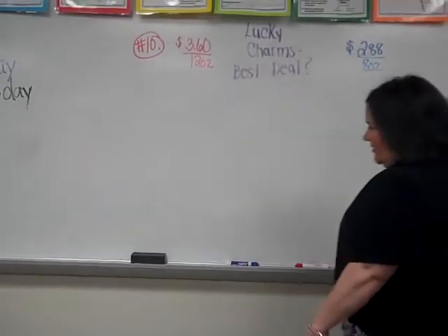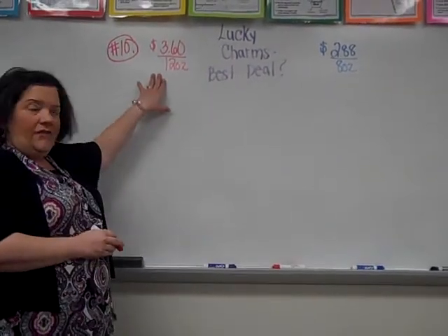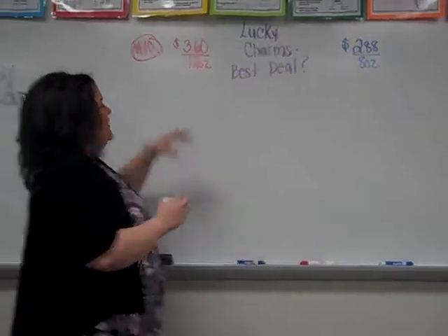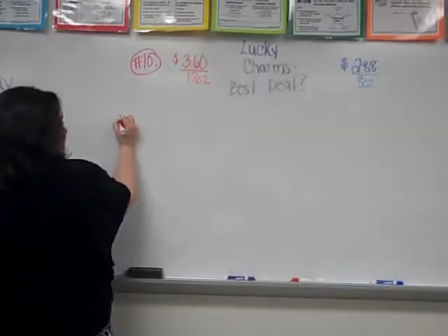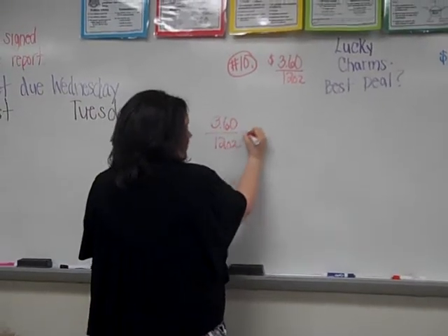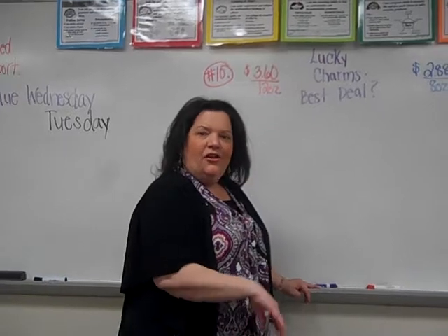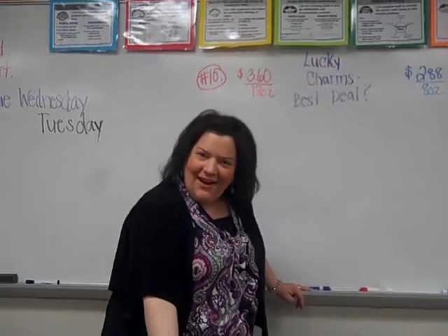So let's start with the 12-ounce box for $3.60. So I would set up my equivalent ratios, which is also called a proportion. And we're also finding the unit rate.